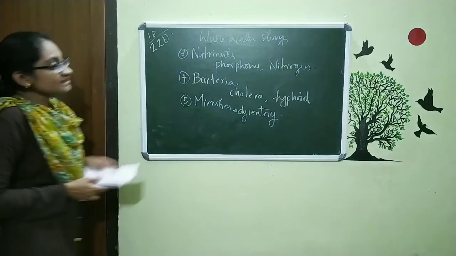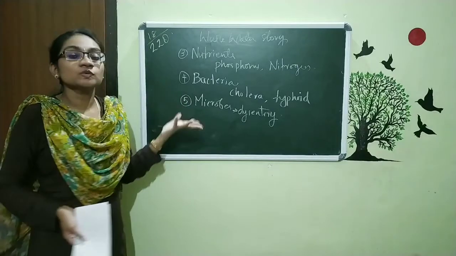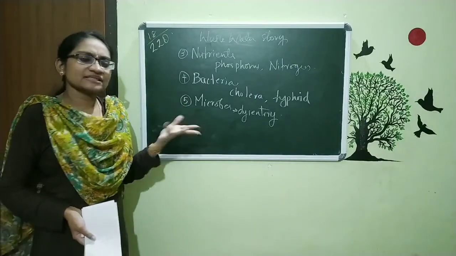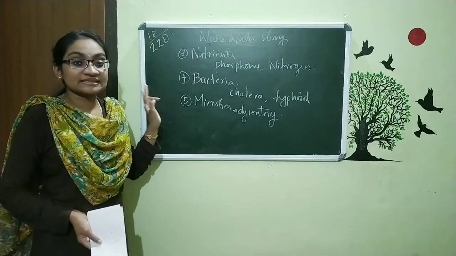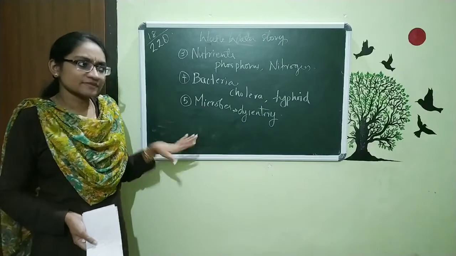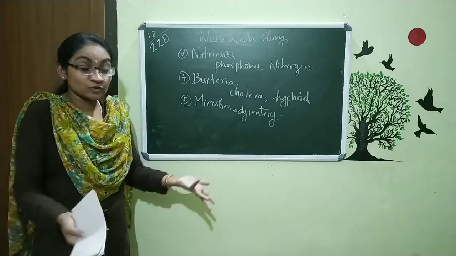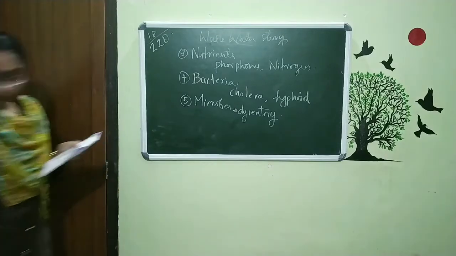So these are the other types of things that mix with water and lead to the water getting contaminated. These all are the different types of things that get mixed with water and lead to pollution of water, or simply we can say the water is getting into wastewater. So this is all about this topic.